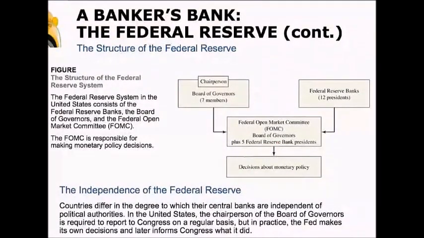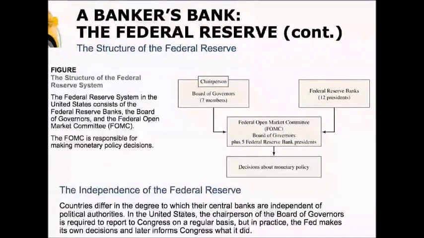One of the important features of the Federal Reserve is that it's a relatively independent central bank. None of the members of the FOMC are directly voted on by the general population, and the Federal Reserve doesn't directly report to anybody within the government.